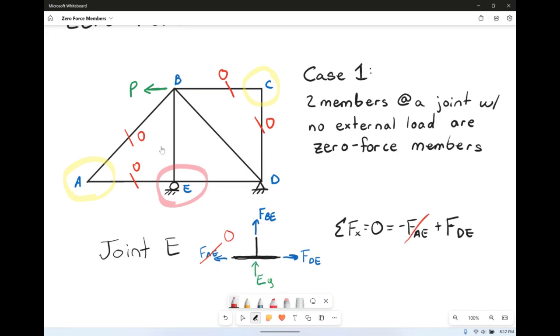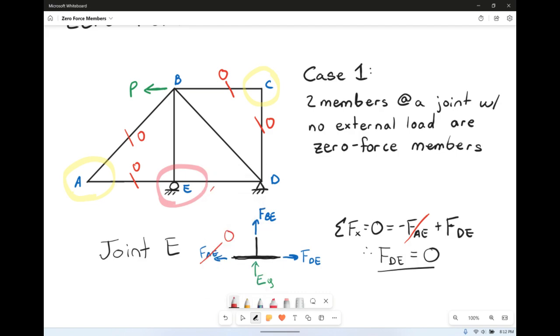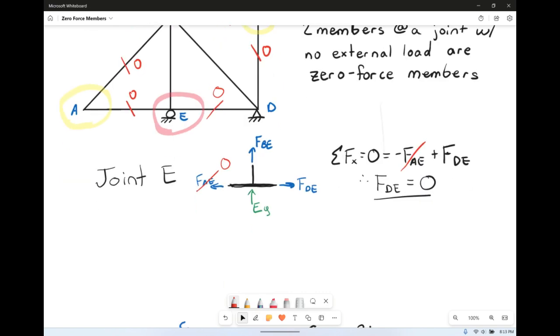So now we've found that force DE is also equal to 0. So our truss is actually only two members, BE and BD. That's what this whole lovely truss boils down to. And that's just using case 1.